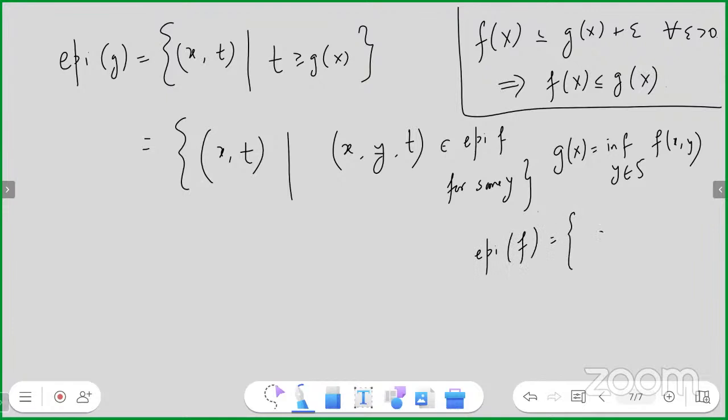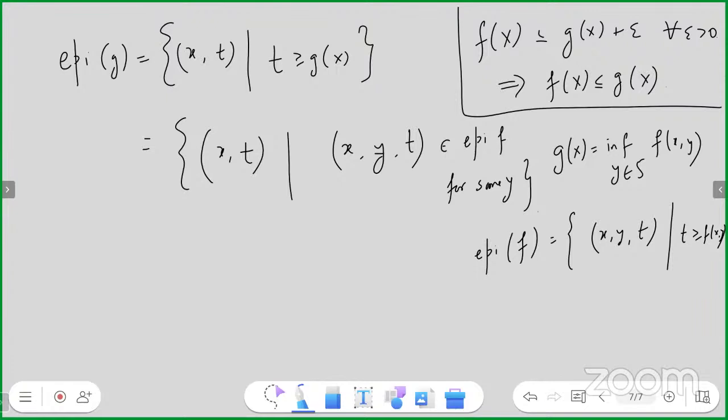It is x, y comma t such that, just using that. There's nothing else going on. If you plant g of x, open it up, it's nothing but infimum. So it's just for some particular y this is true, and then you're just collapsing one dimension.